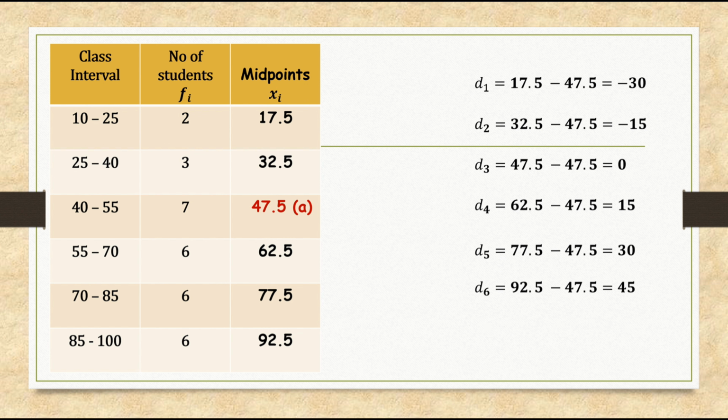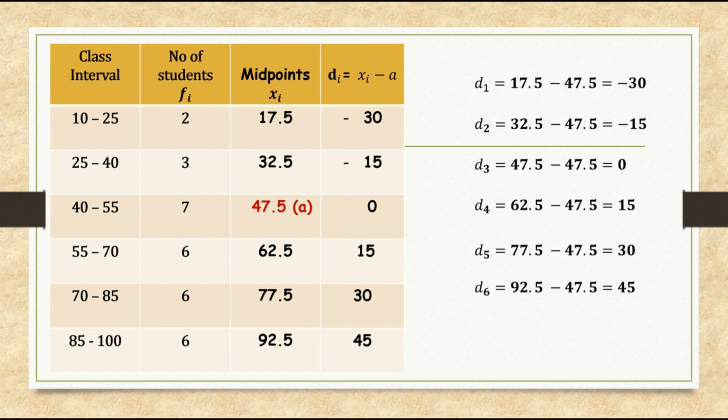So, if you subtract 47.5 minus 17.5, you get 30. Put the sign of the larger number. Here 47.5 is the larger number. So, the result is minus 30. Second deviation, 32.5 minus 47.5. You get minus 15. For the next deviation, 47.5 minus 47.5. You will get 0. So, similarly, you can find the remaining deviations.